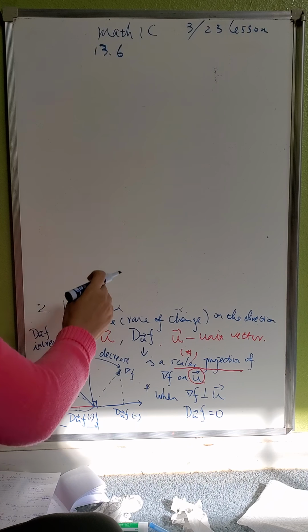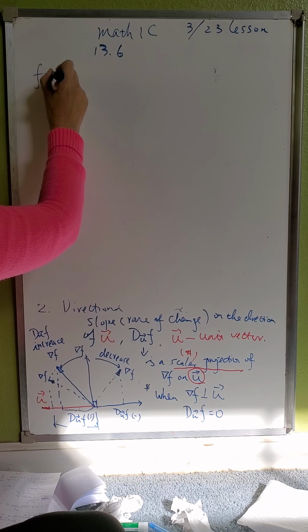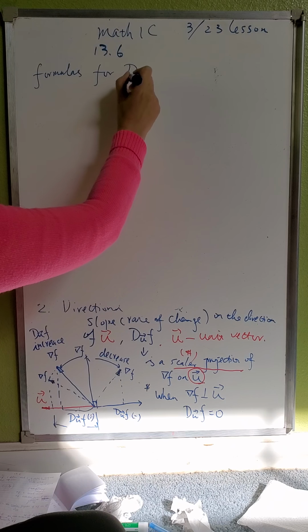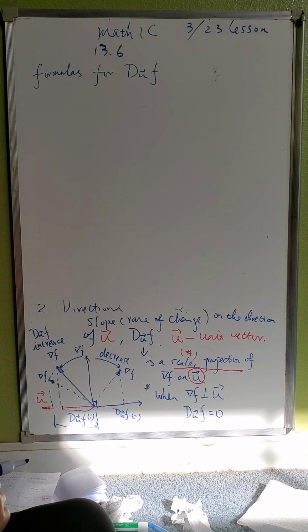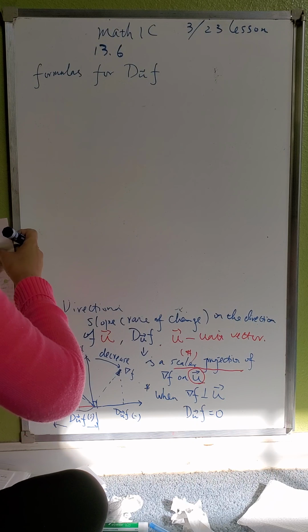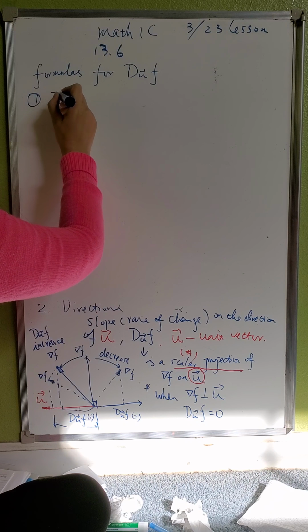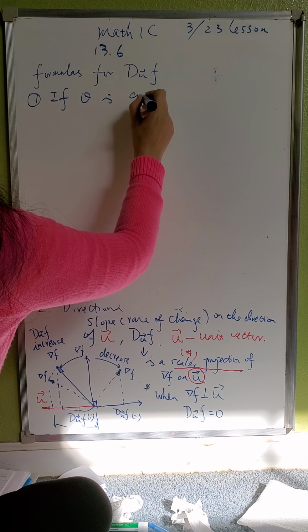So this is content number 2, the formula for the directional derivative. There are 2 formulas. The first formula is if theta is given. Where's my theta?